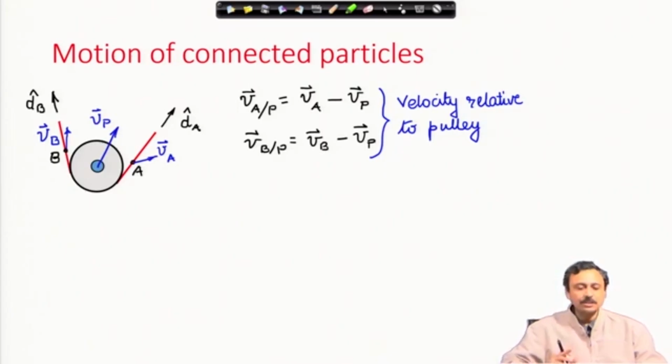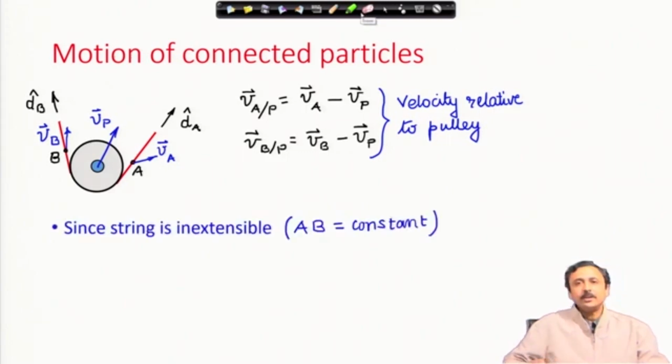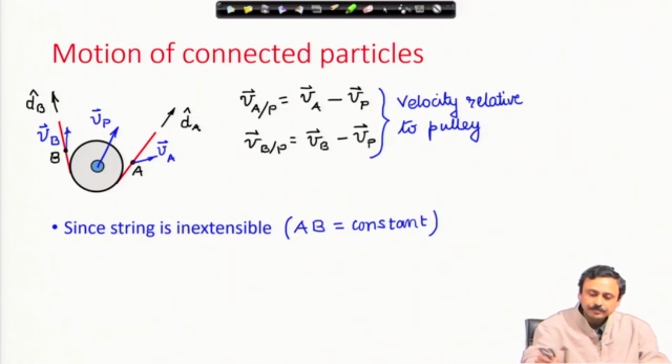But if you consider the projection of these relative velocities along the string, then there is a definite relation. Why is there a definite relation? Because the string is inextensible. The length AB, this curved length AB, is a constant. So this whole length is constant.